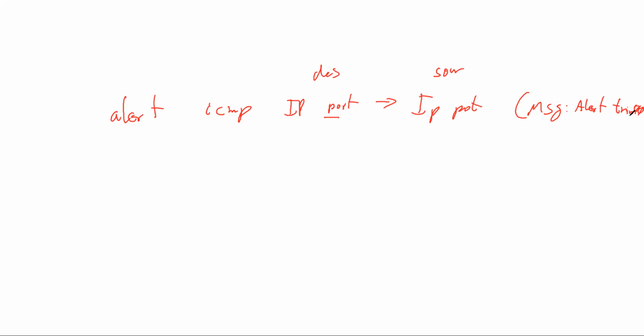And then after that come the fields that define the signature itself. So it might be that the ICMP ID, which we've already looked at in one of the previous labs, has to be 678. If it's not that value, then it's not this attack.